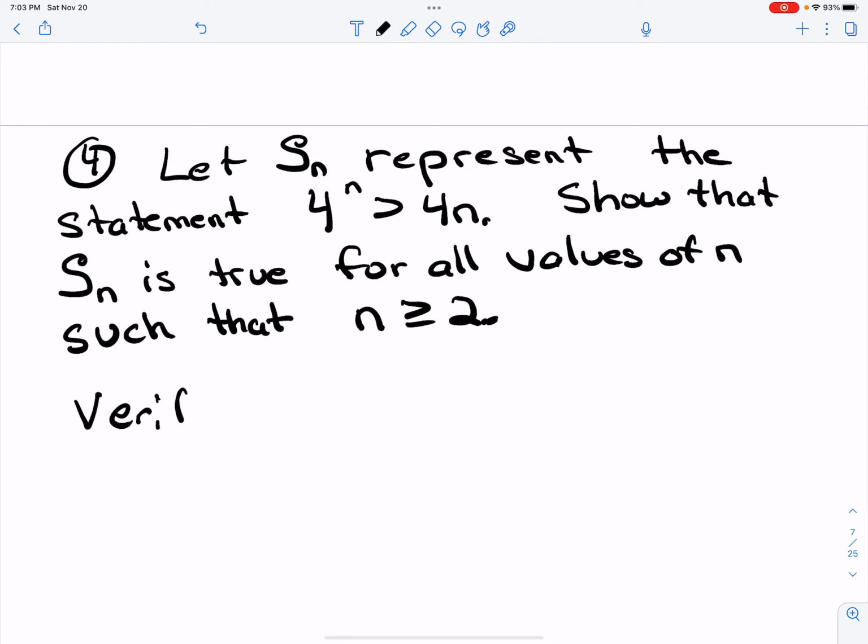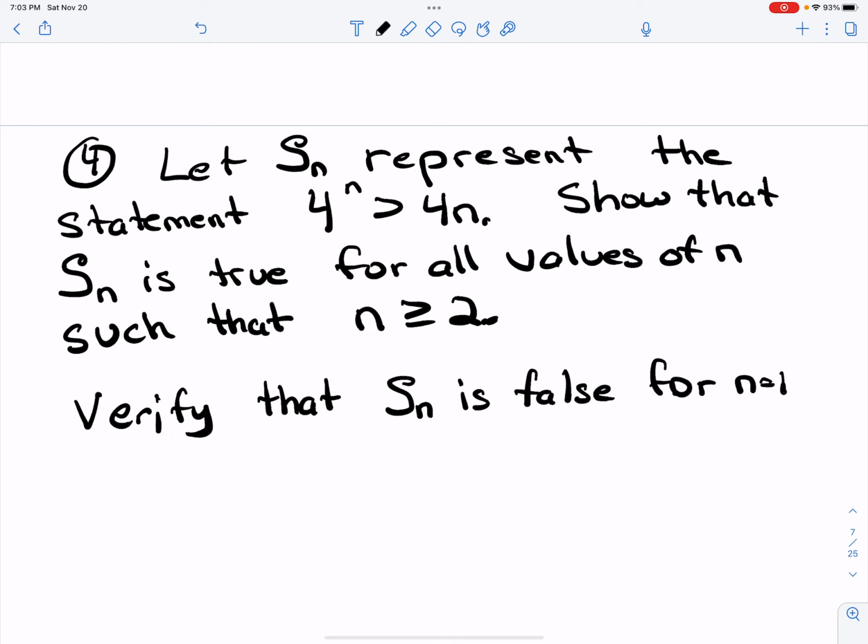We're going to verify that S sub n is false for n equals 1, and true for n equals 2. So n equals 2 is our starting point in this, because it specified n is greater than or equal to 2.